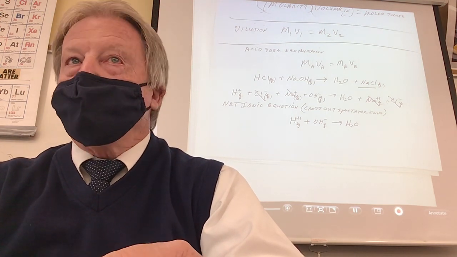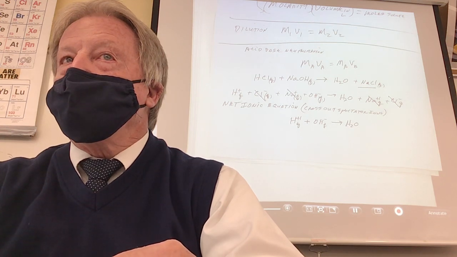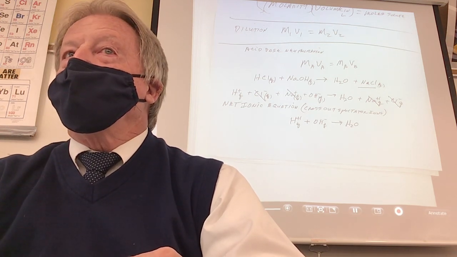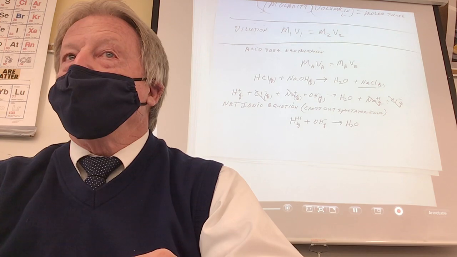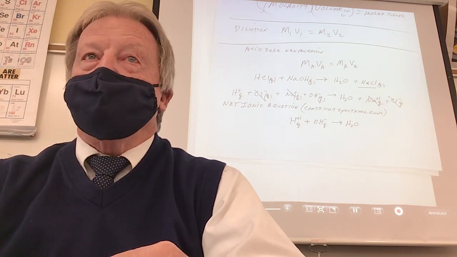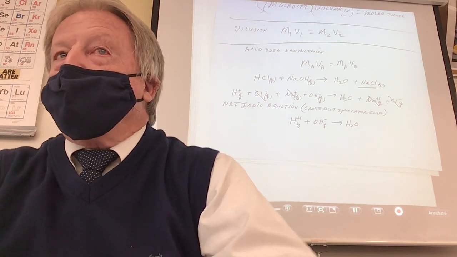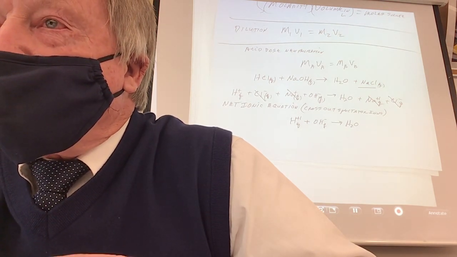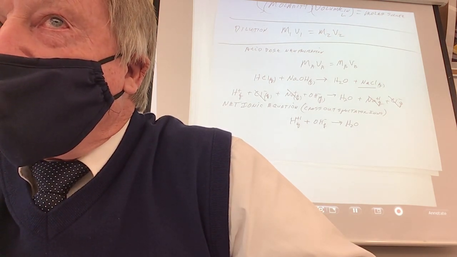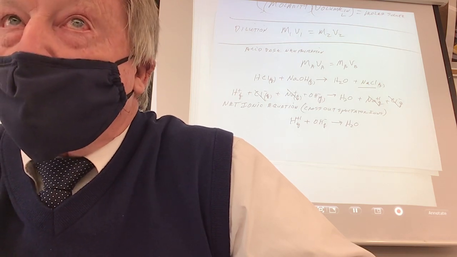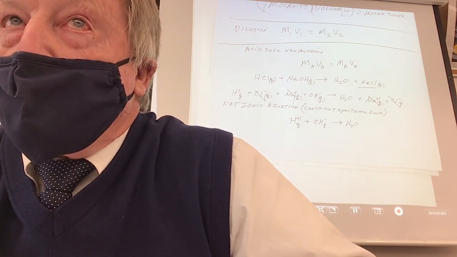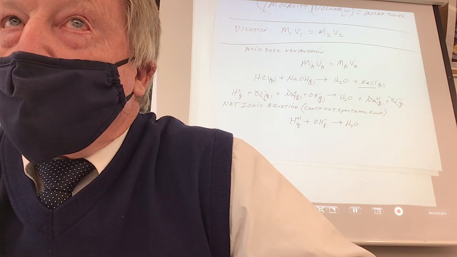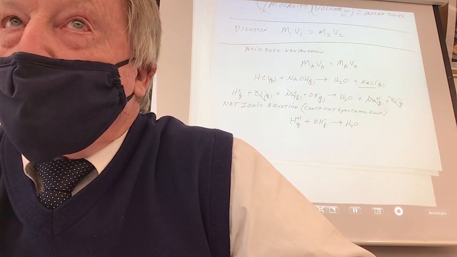Yes? This might be stupid, but is it because they're equal on both sides? What's equal? Like, the amount on both sides. Well, I want you to tell me. What's equal? Like, the mass of them? No. Okay.